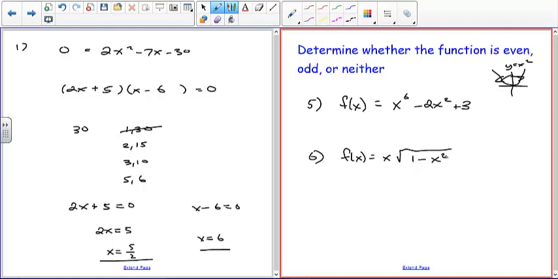Whereas for odd, say y equals x cubed, what happens there is if you go to negative x, you get a negative result. But it is symmetric in its own way, around the origin.